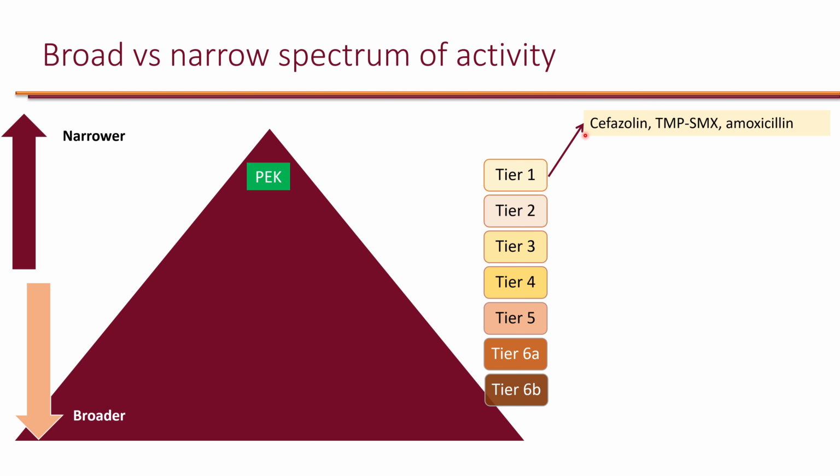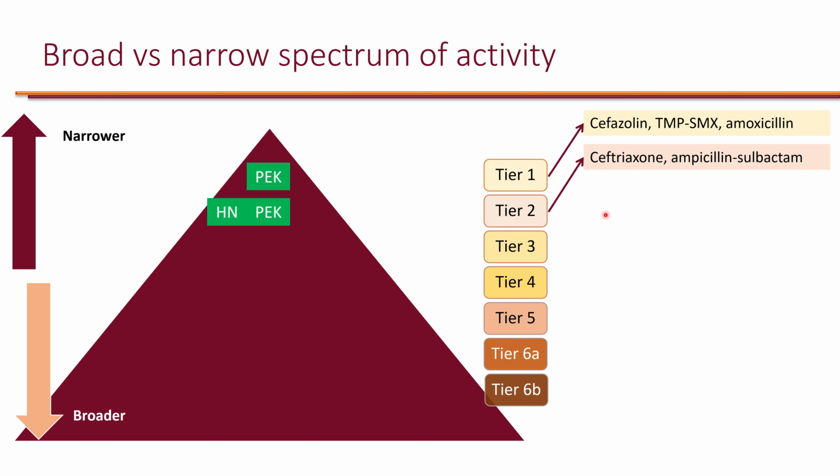That's because when it comes to gram-negative spectrum of activity, these agents have limited activity, limited to Proteus, E. coli, and Klebsiella species. Now, these organisms can still develop resistance to this, but in general, the activity of these agents is limited to wild type P, E, and K.